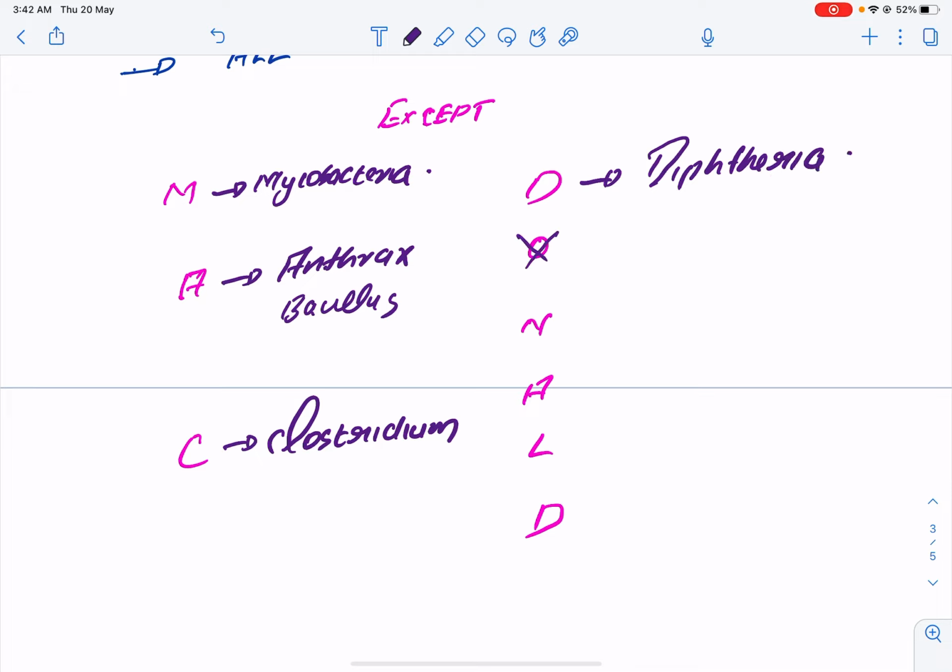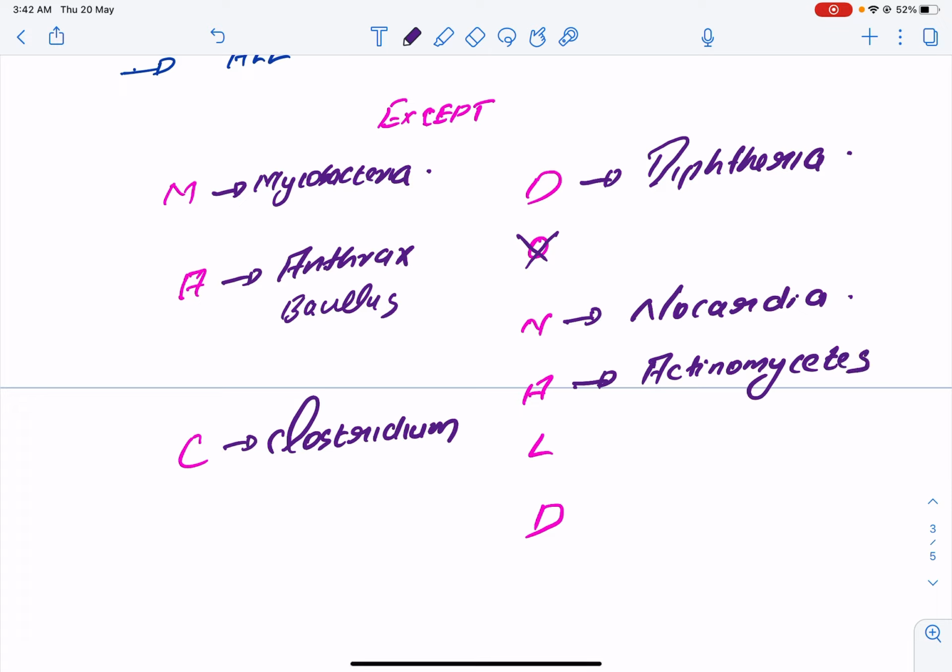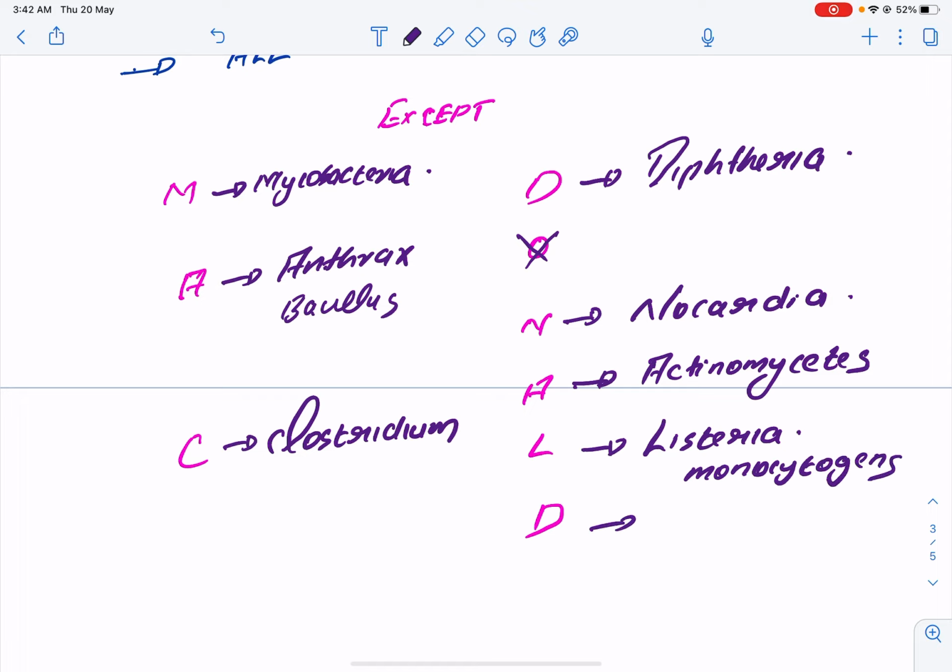And O is just for the mnemonic. N for Nocardia, same, they are partially acid fast positive. Here they are gram positive. A for Actinomyces, you might have heard Actinomyces israelii, they will cause pus infection. Then L for Listeria monocytogenes. And D for diphtheroids.